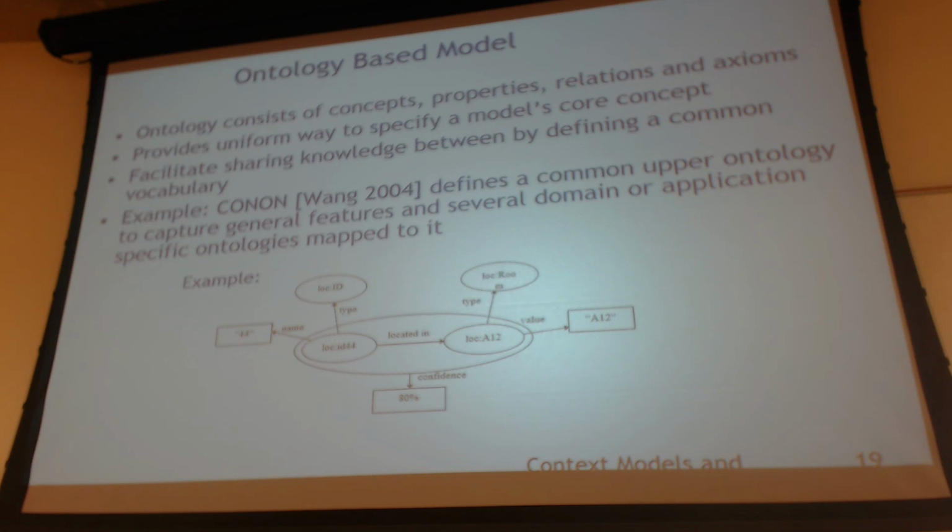Another way is the ontology based model. It's a graphical representation, so you can also use a graph to represent context. So what is this graph? Looks complex, but it is very easy. Depending upon what keys you have, you have a node. For example, you have a room node, location room.